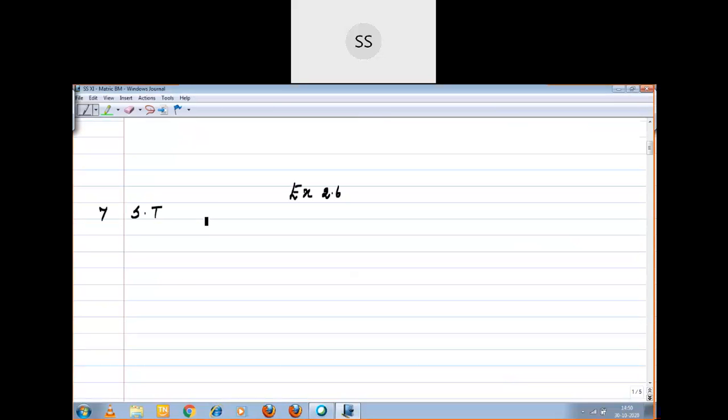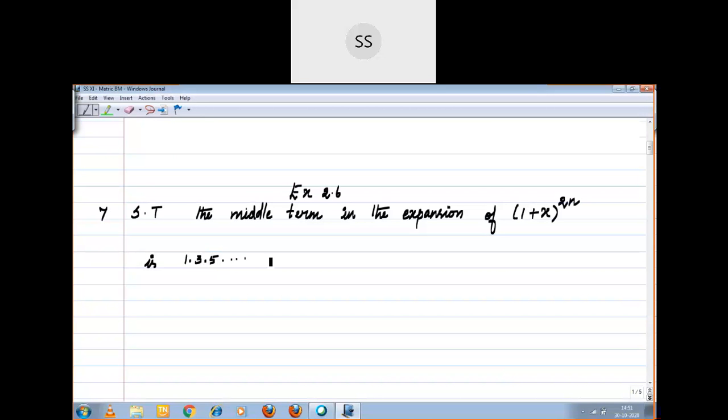Show that the middle term in the expansion of (1 plus x) the whole power 2n is 1 into 3 into 5 etc. 2n minus 1, into 2 power n, into x power n, divided by n factorial.